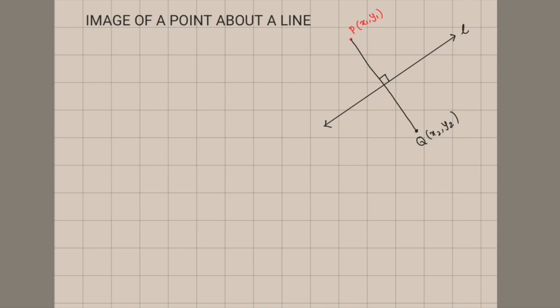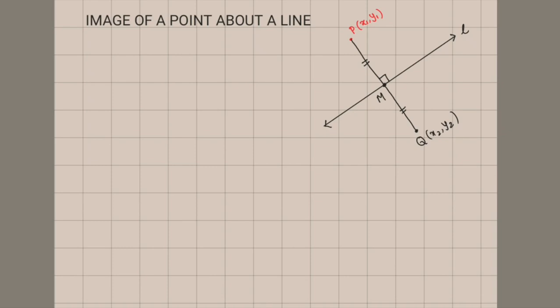And the distance between the object and the mirror L is equal to the distance between the image and the mirror. So let's say this is the point M, then PM equals MQ.